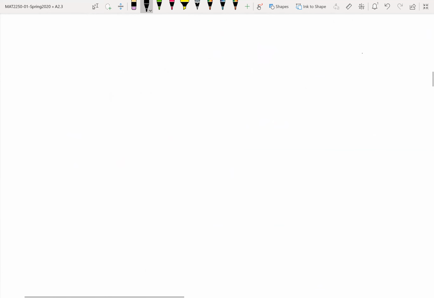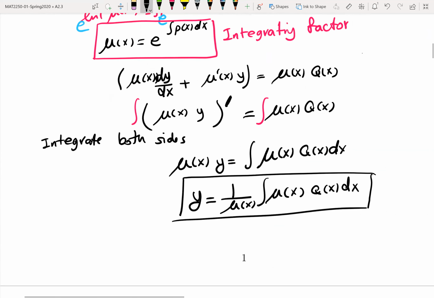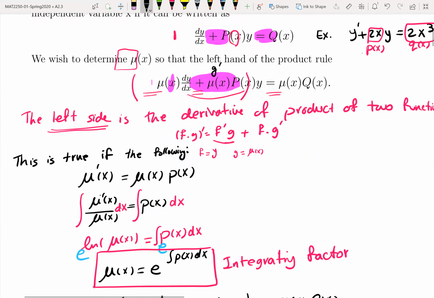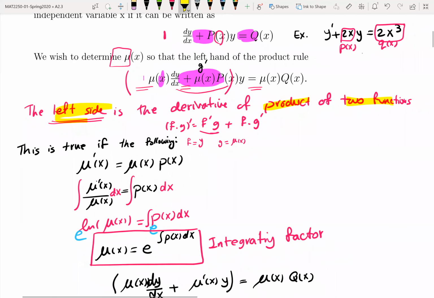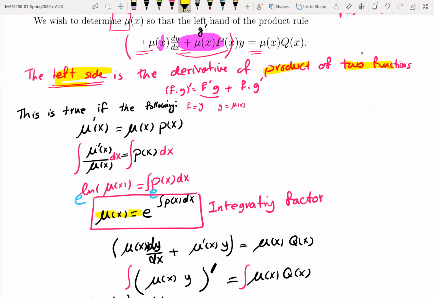Remember, to prove this formula, we assume the left side is the derivative of the product of two functions. So y is in this form. That's how we got our mu, how we define what the mu is, how we evaluate the mu to be like that.